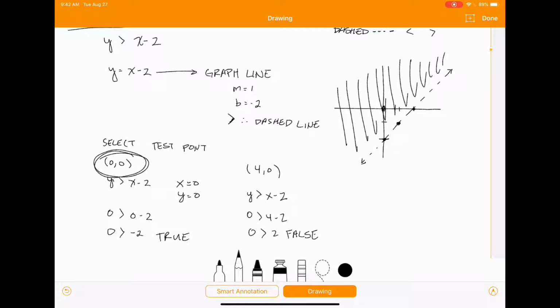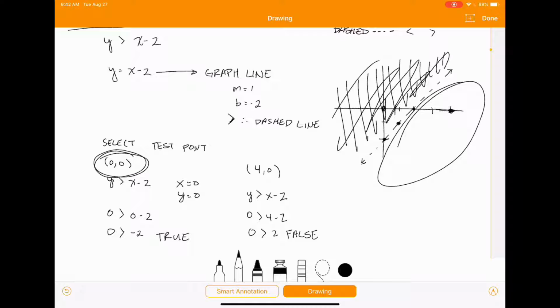So our point 4, let's see, 1, 2, 3, 4, 0. That's false. So this side of the line here is unshaded, so you'd come in and you'd shade this side of the line. So as you can see, you get the same answer either way, regardless of whatever test point that you choose. All right.